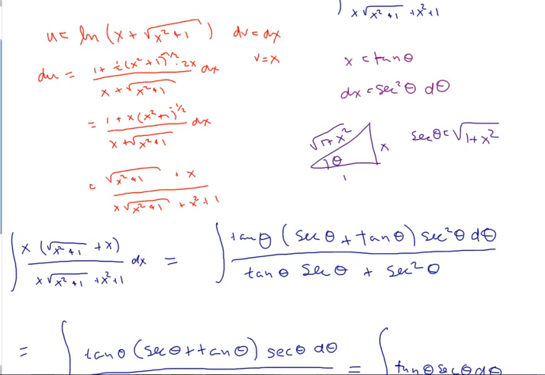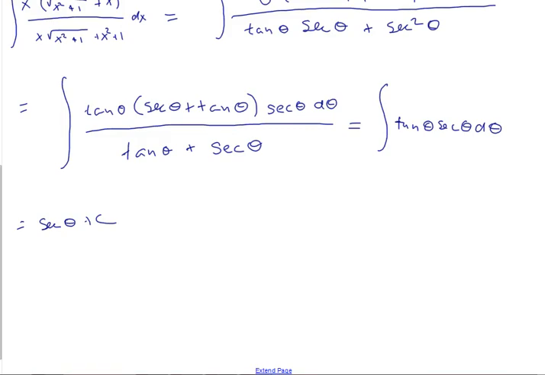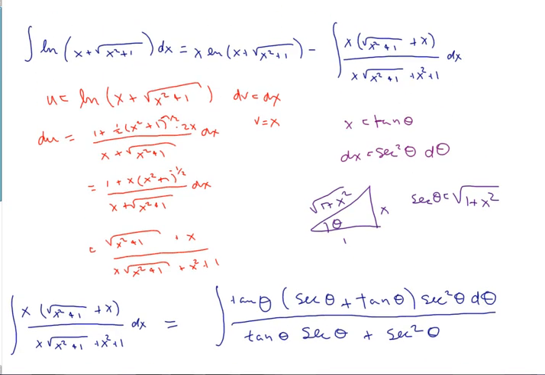And so this is going to be square root 1 plus x squared plus c. And that's what I just have for that integral. So let's go back to what we originally had. Let me copy this.